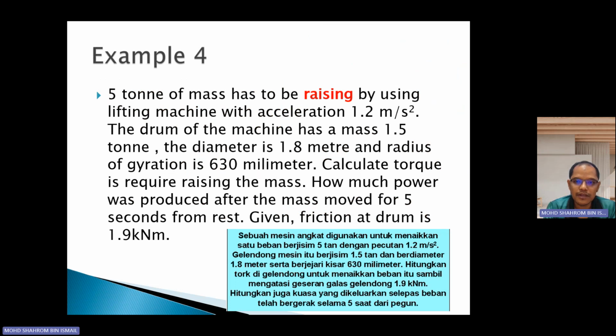Now we're going to go for example 4. For example 4, you see a 5 ton mass has to be raised using a lifting machine with an acceleration of 1.2 meter per second squared.